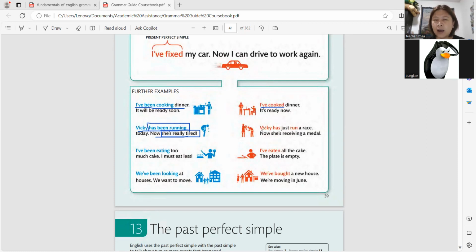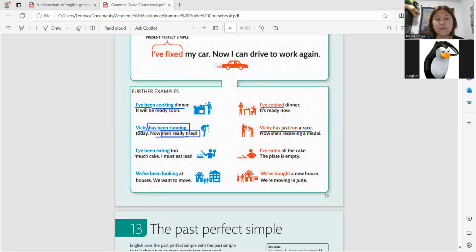Another example for present perfect, Vicky has just run a race. So it is finished. The race was finished a while ago. Now she's receiving a medal.